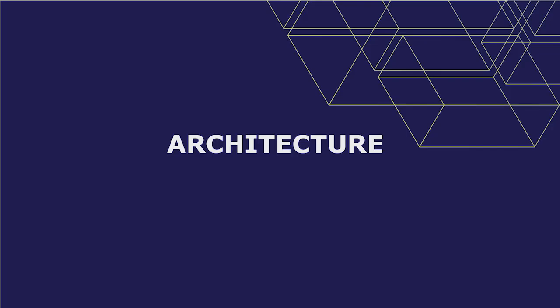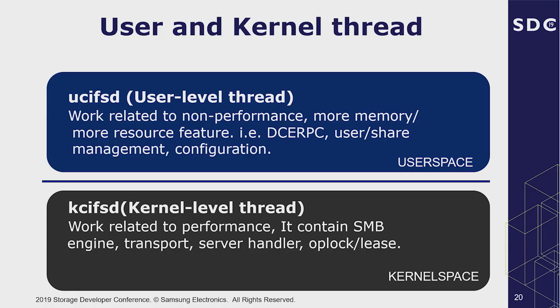We will talk about the CIFSD architecture, its components and their responsibilities, and the communication protocol in this chapter. Initially, I implemented all functionality in the kernel. Steve French advised me to separate parts into user space.